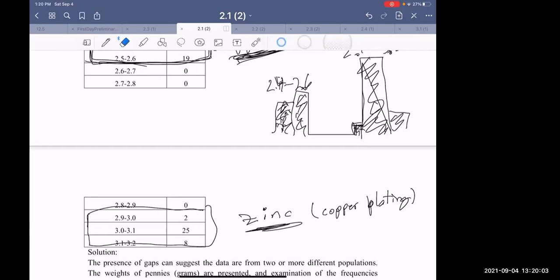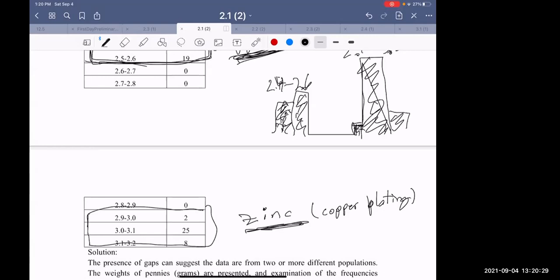They did this so that they could cut down on expenses. But zinc here actually is too expensive. I don't know if you've noticed the last few years, but they have been saying that they are going to stop making pennies.